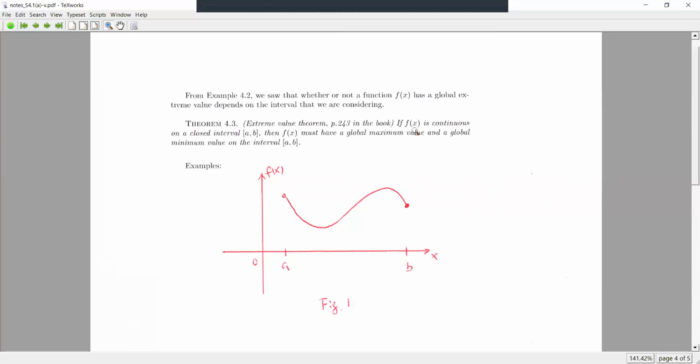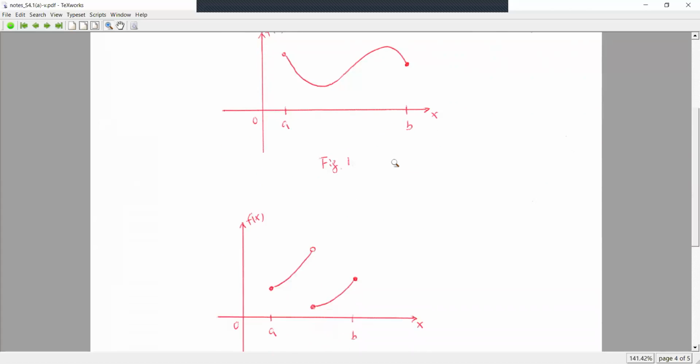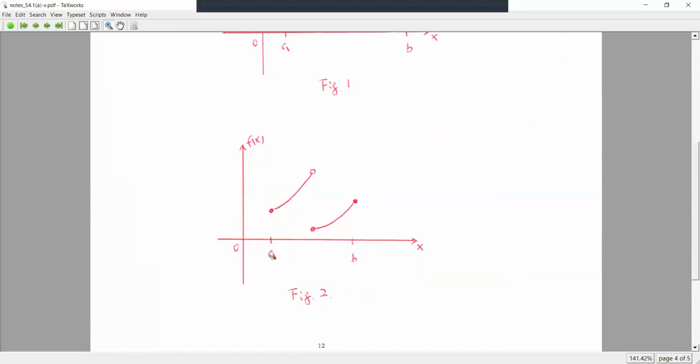However, if a function is not continuous, then there is no guarantee that the function has a global maximum or a global minimum. Here is one example. The interval AB is a closed interval. At A, the function value is this solid point. At B, the function value is this solid point. Now let me draw a curve.